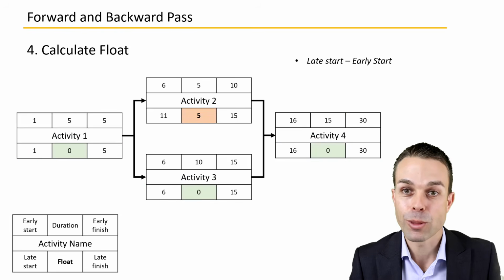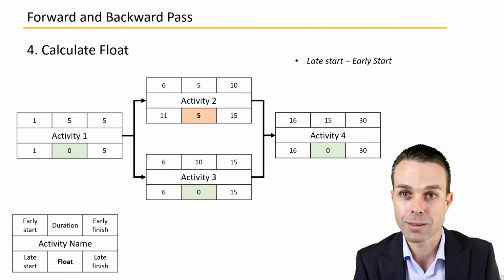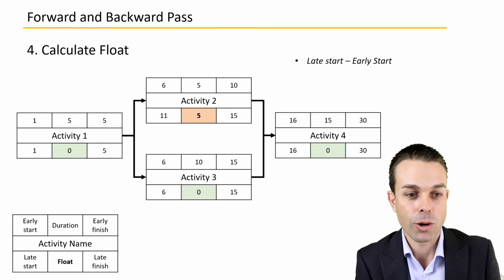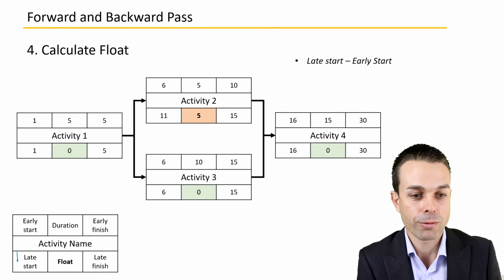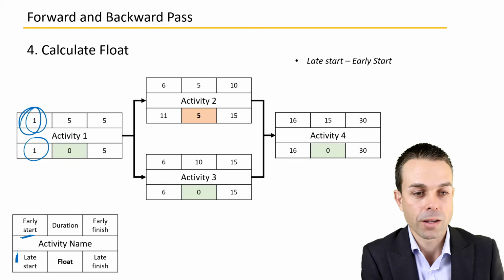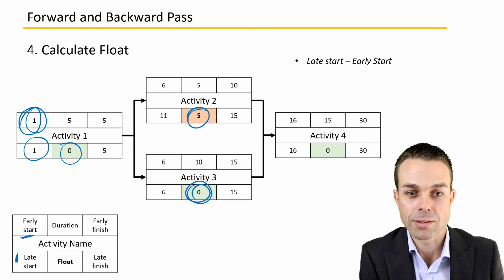Now finally, with all of that information, we can calculate float. And this will help us get the critical path on our schedule network diagram. So float is the late start minus the early start. And you can see down here, we've got late start is this one, minus the early start, which is this one. So 1 minus 1 equals 0. 6 minus 6 equals 0. 11 minus 6 gives us 5.